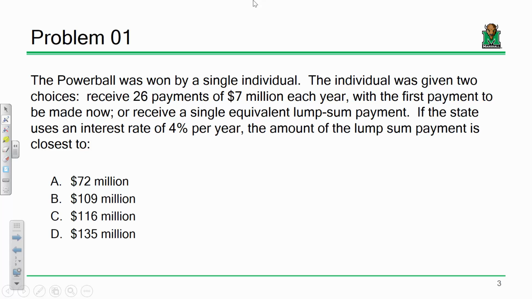So you could get $7 million now and $7 million for the next 25 years. I'm giving you a hint by saying that. Or get a single lump sum payment right now.